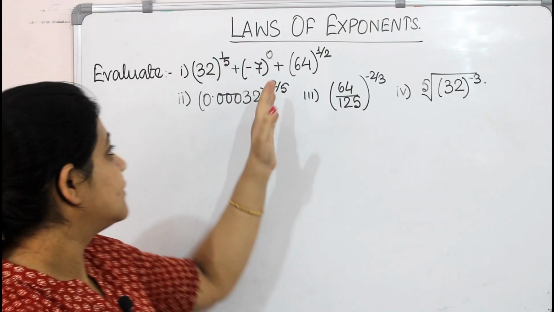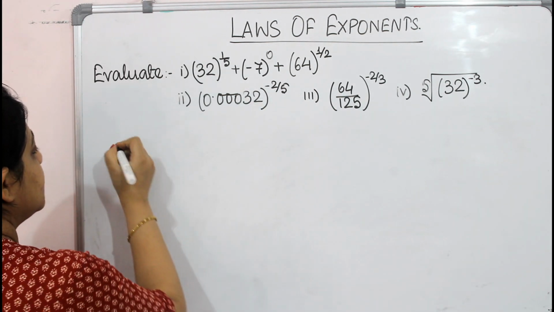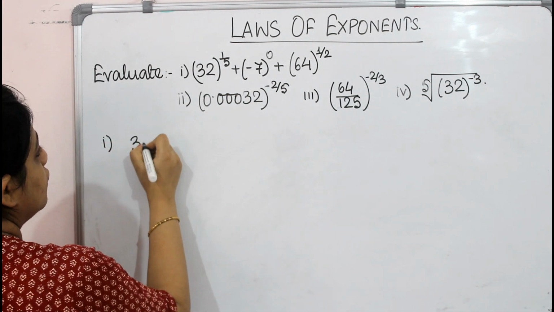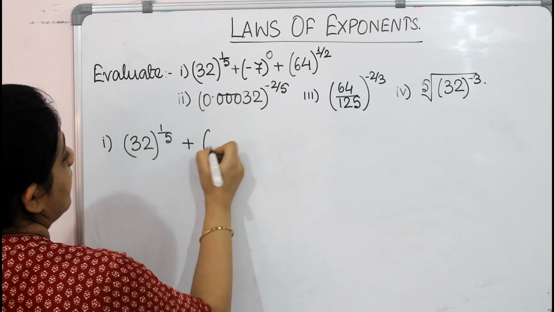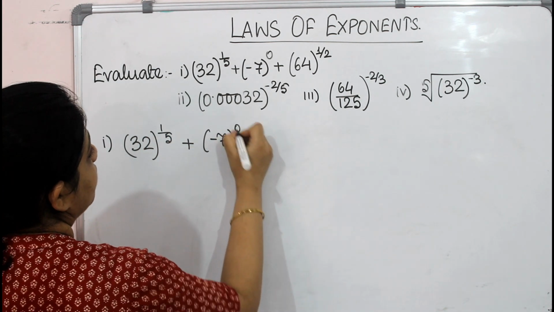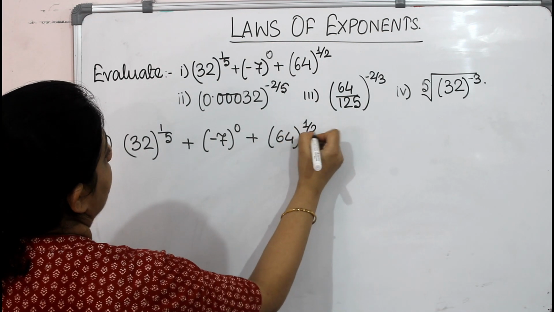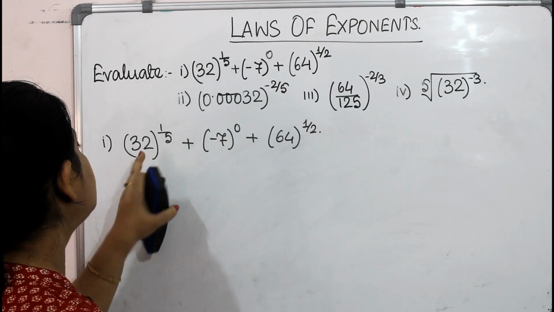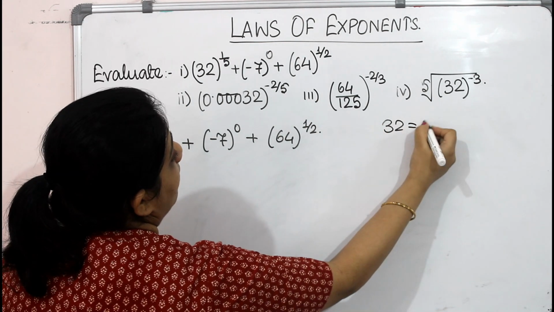So these are the second set of sums. First question is 32 to the power of 1 by 5 plus minus 7 to the power of 0 plus 64 to the power of half. So 32 is what? 2 to the power of 5.